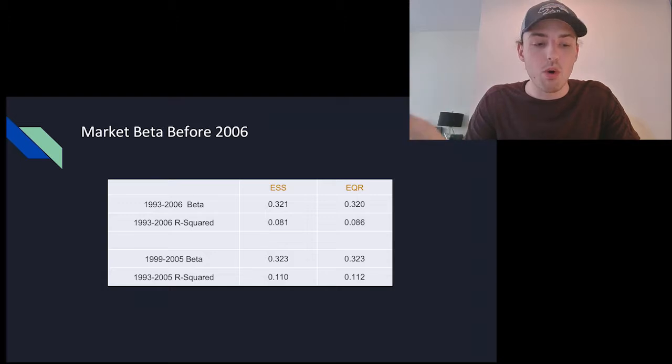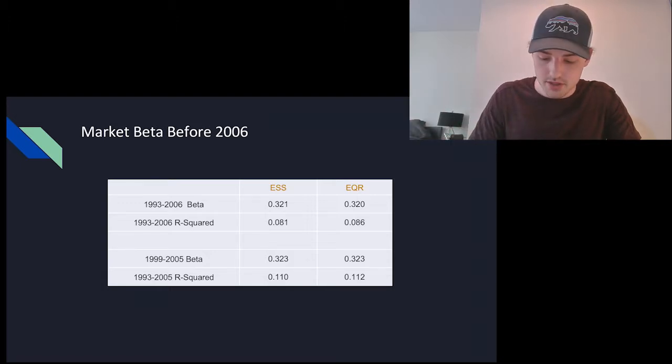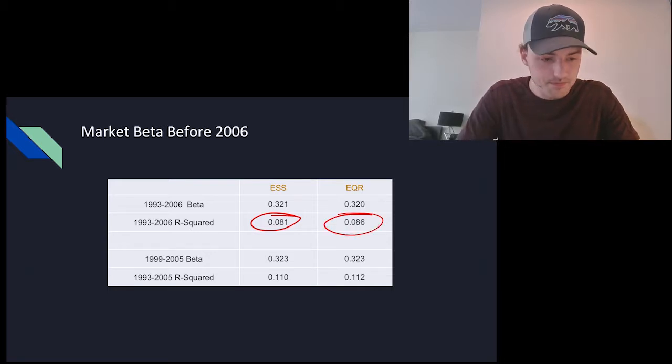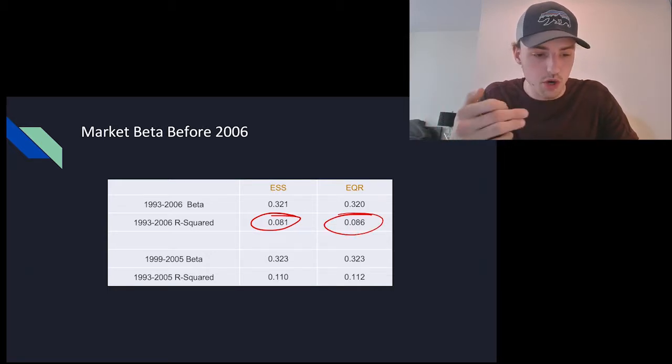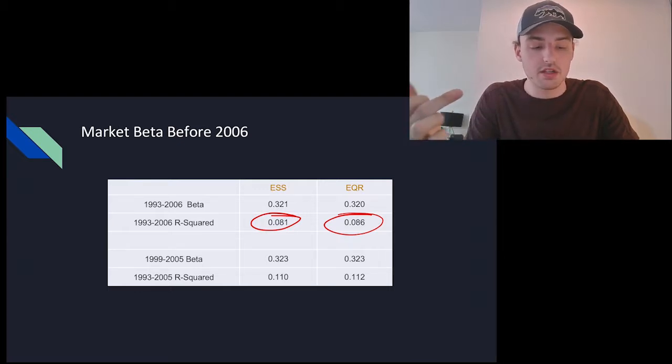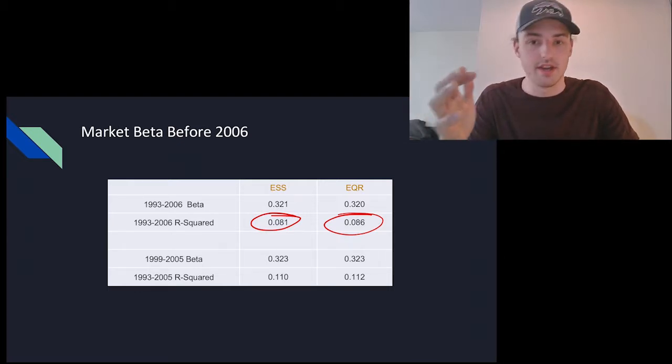The extremely poor R-squared values, right here and right here, show that these beta coefficients almost carry no significance.